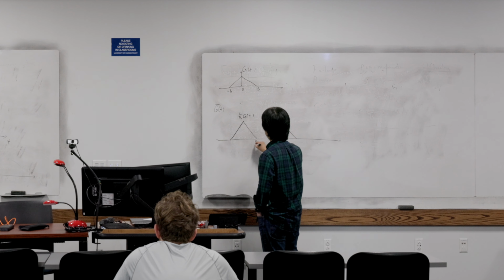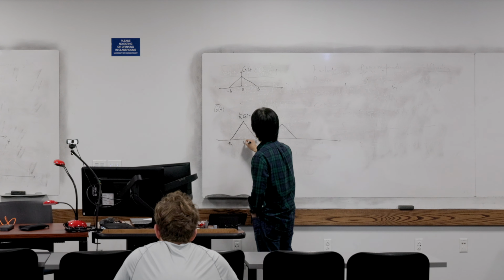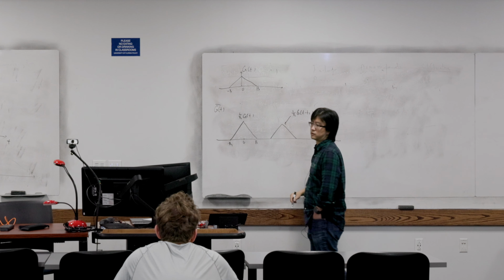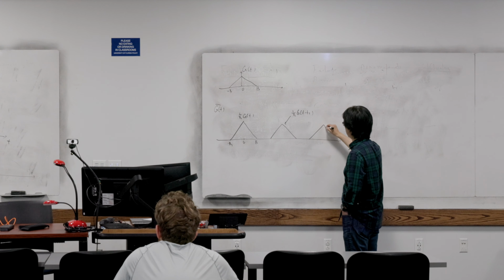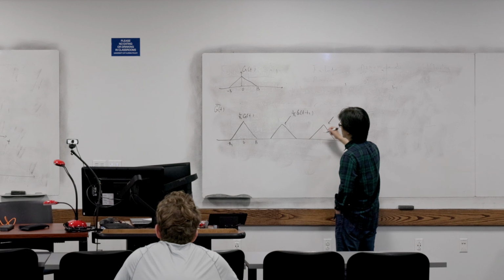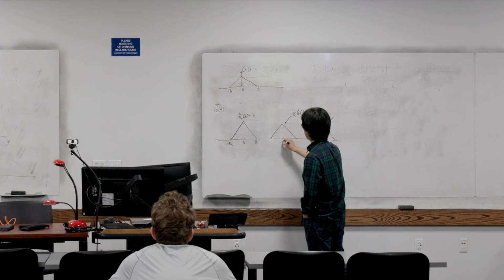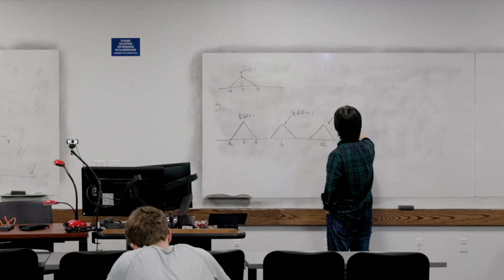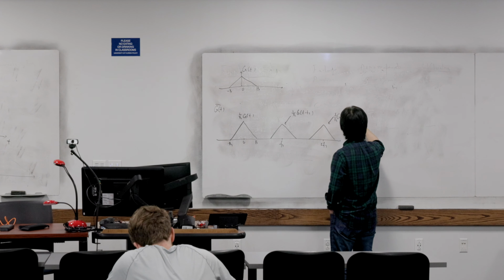Here's B, here's minus B, here's 0. This guy is 1 over Ts G(f minus Fs). Then we'll have another one here. This is 0, this is Fs, this is 2Fs. That's 1 over Ts G(f minus 2Fs).